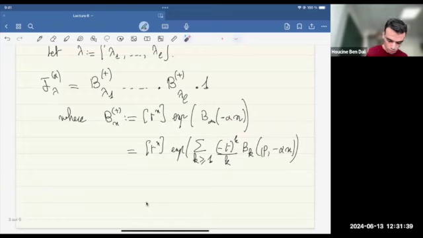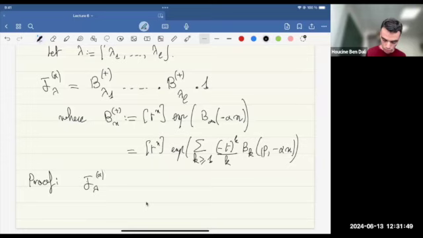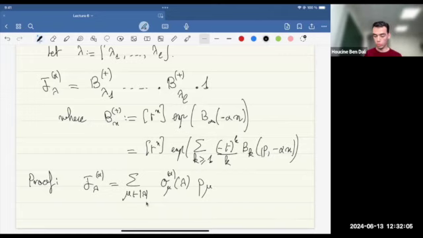So how do we prove this? What we know from the definition of Jack characters is that the Jack polynomial J lambda is the sum over all partitions mu of the same size as lambda of theta mu specialized in the partition lambda, which depends on the parameter alpha, multiplied by the power sum symmetric function p mu.